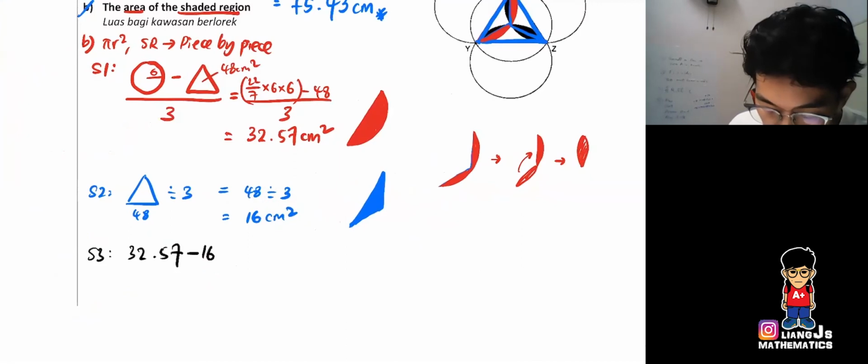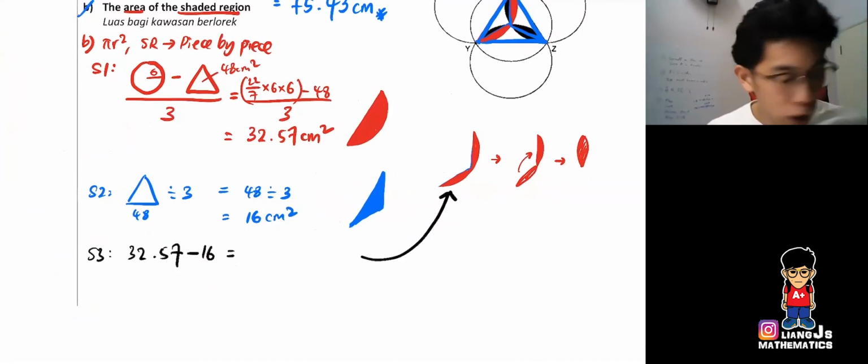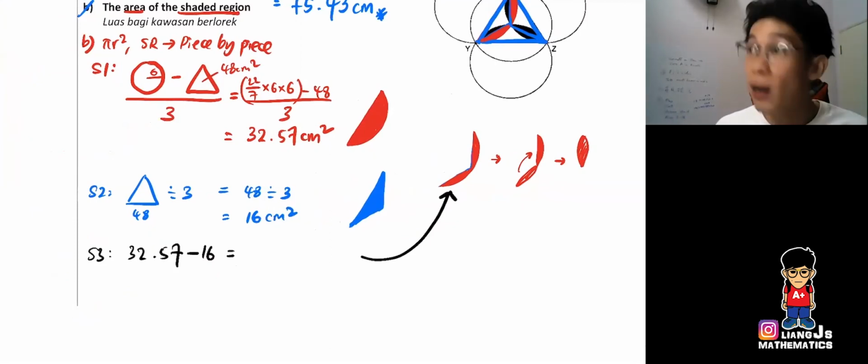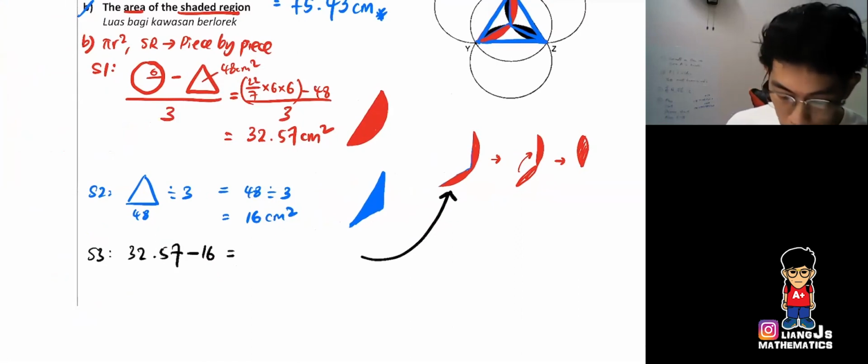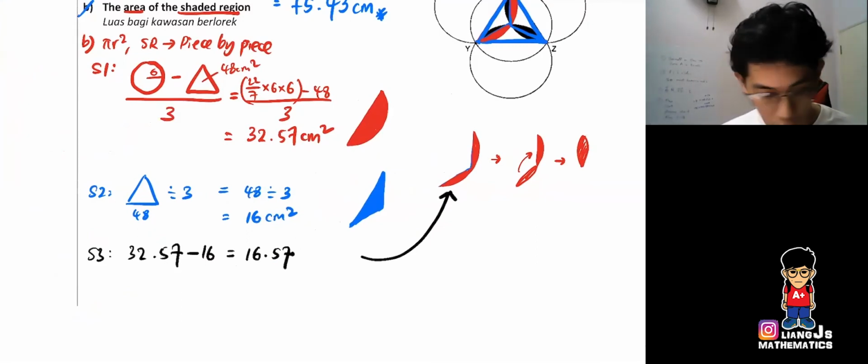32.57 minus 16 to get this one. Okay, which is 32.57 minus of my 16. I'll be getting 16.57. Hey, sorry, did I minus wrongly? Sorry, minus 16.